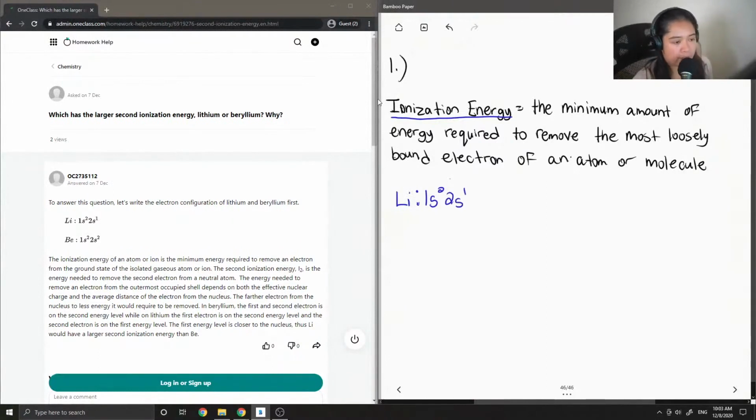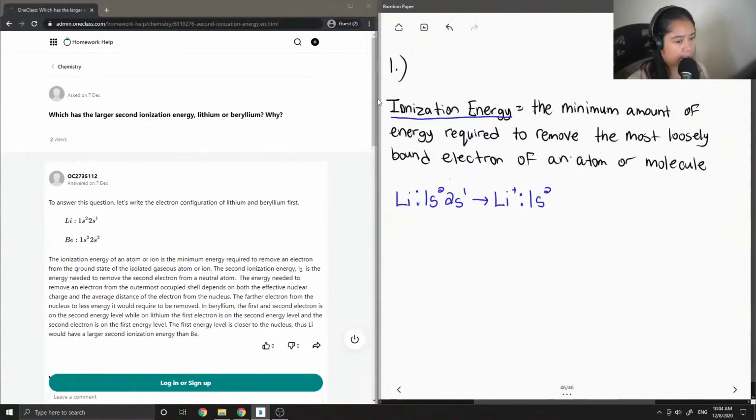So this shows that it has only 3 electrons in the atom. The first ionization energy is when you remove the first valence electron. So this gives us lithium plus once an electron is removed, and it now has a new electron configuration of just 1s2.